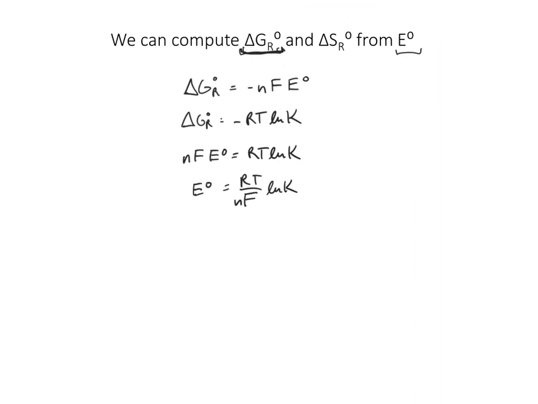So then what about finding the entropy of reaction from the electromotive force? Well, for chemical reactions occurring in solutions, we can say that the derivative with respect to temperature of the Gibbs free energy at constant pressure is going to be equal to the negative entropy of reaction, like so.